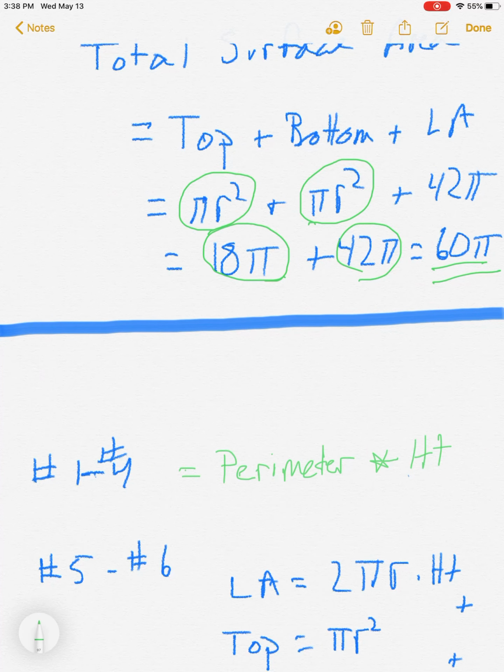Your assignment today is problems 1 through 4 on page number 849. Problem number 1, for example, the perimeter of the lateral base is 4.5.